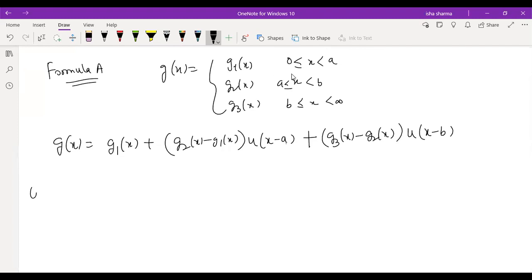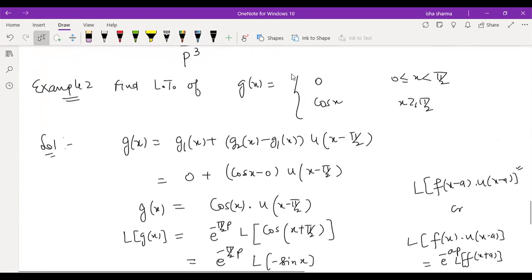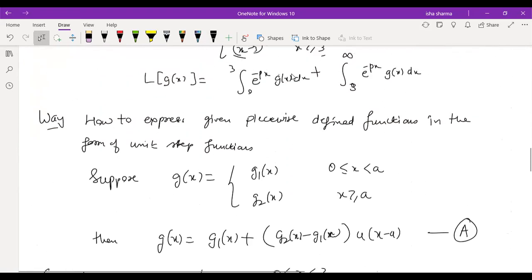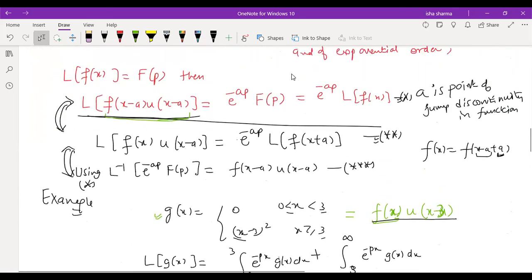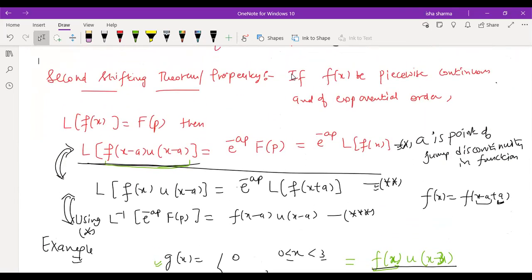So let me now give you another type of question, because I told you the second shifting property has both usages: to find Laplace transform and to find Laplace inverse transform, right? Let me show you the formula. Laplace inverse transform, yes, this was the 3-star formula: Laplace inverse of e raised to power minus ap times F(p) is this.